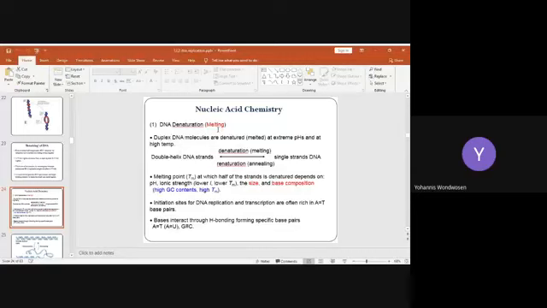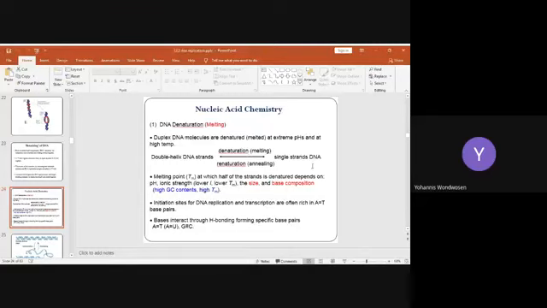Both DNA strands will be separated totally, and the DNA becomes non-functional if it stays single stranded. So duplex DNA molecules are denatured, that means melted, at extreme pH and at high temperature. Denaturation means melting, forming single strand DNA from double strand DNA.